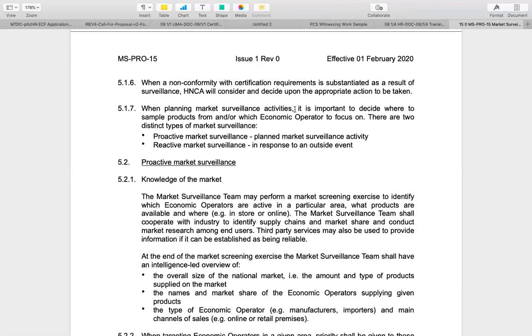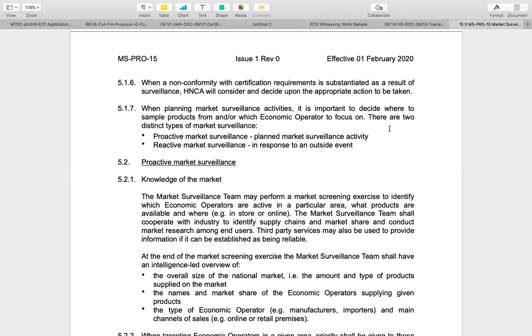When planning market surveillance, it is important to decide where to sample products from or which economic operator to focus on. There are two types of market surveillance, as I mentioned earlier: the proactive market surveillance and the reactive.